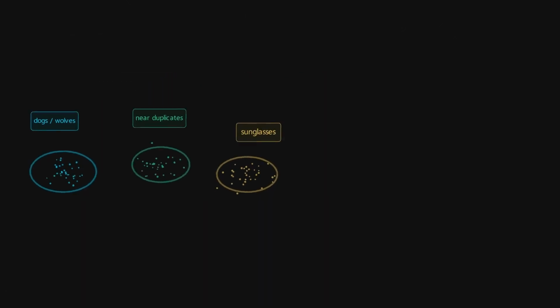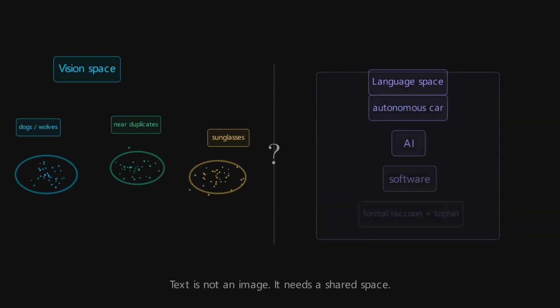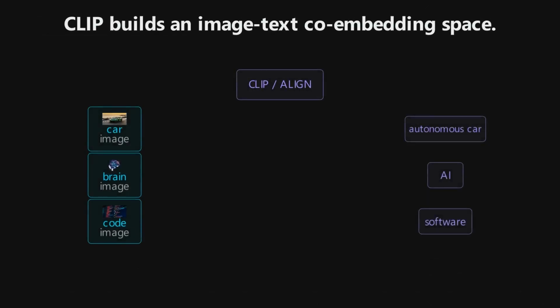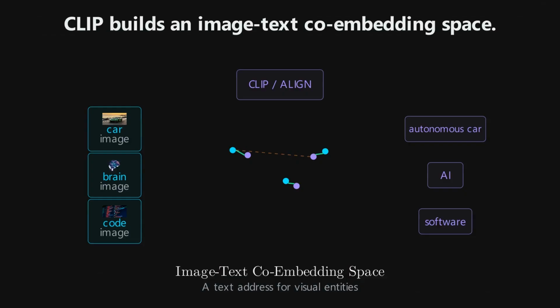Before CLIP, vision models were already good at learning feature spaces. Images containing similar objects, or similar semantic structure, tend to live close to each other. A dog, a wolf, and another dog photographed from a different angle may not be identical images, but their features are related. In embedding space, they begin to form neighborhoods.